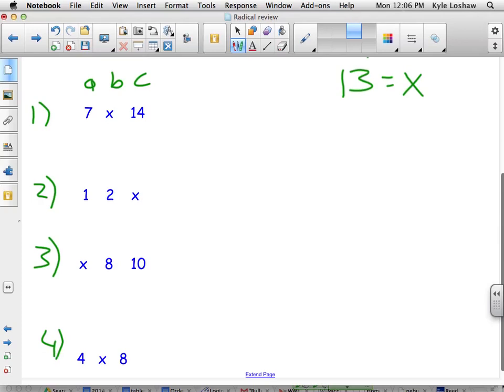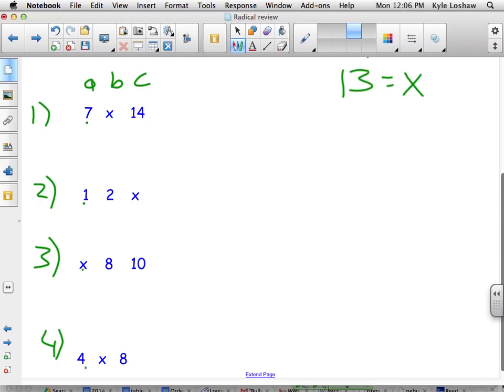And those 4 questions are going to ask you what x equals for each one. And again, this is your A side. So A for this first one is 7. For the second one is 1. Third one is x. Fourth one is 4. You got to try and solve for x.